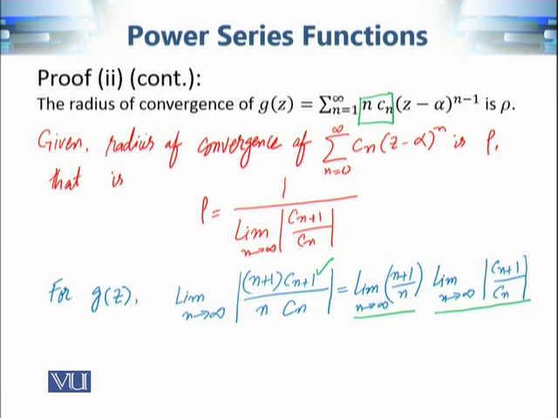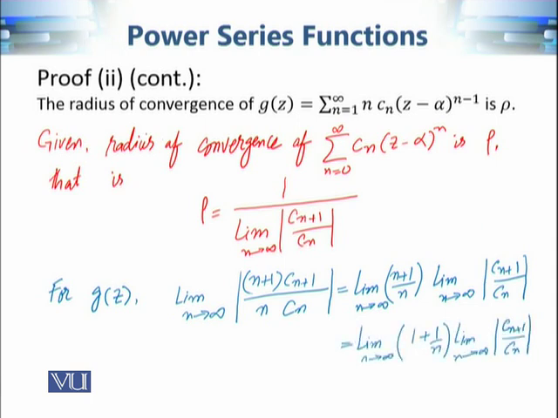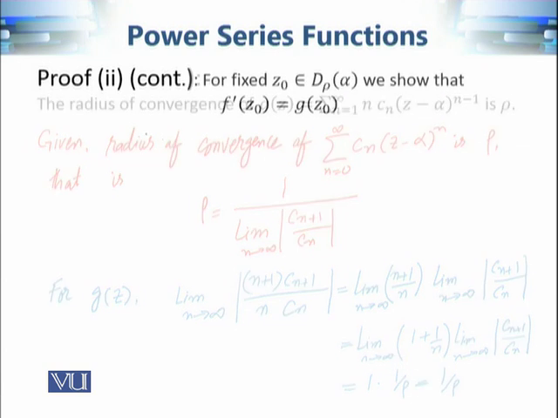Now we know something about this limit, of course, this is just 1 over rho. And the other limit can be written in the following form: the limit as n approaches infinity of 1 plus 1 over n. Now when n approaches infinity, this term approaches 0 and we are left with only 1, and as we have discussed, the other one is nothing but 1 over rho. So we get 1 over rho. So that's why we can say that the radius of convergence of g of z is the same as the radius of convergence of f of z, which is rho.